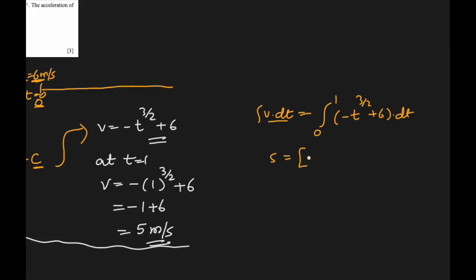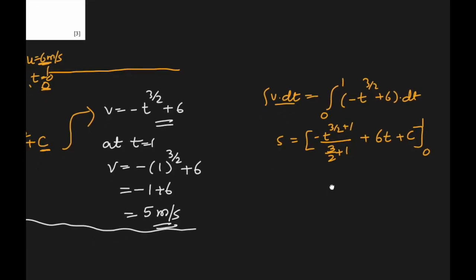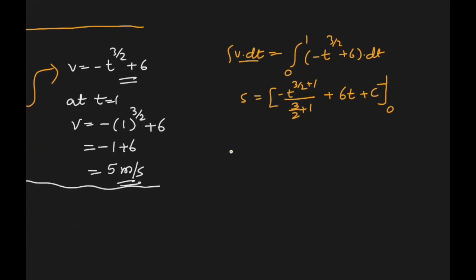So, minus t to the power 3 over 2 plus 1, over 3 over 2 plus 1, plus 6t plus c from 0 to 1. And we don't have to find c in this case because c will be cancelled out very soon. So we'll substitute 1 and 0 one by one in this, and simplify also.